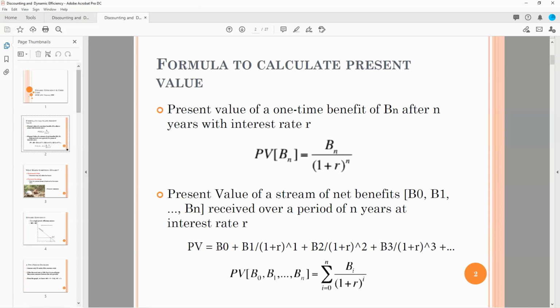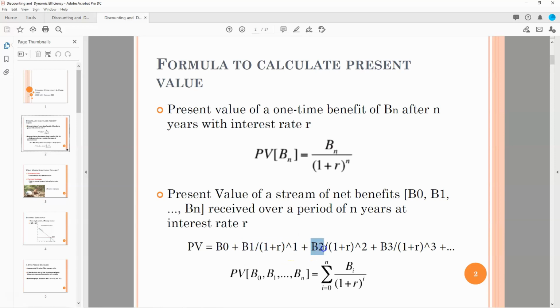The present value of B0 is still B0, right? Suppose in period 1, I receive amount B1, and there is an interest rate equal to R. The present value of B1 should be equal to B1 over 1 plus R to the power 1.